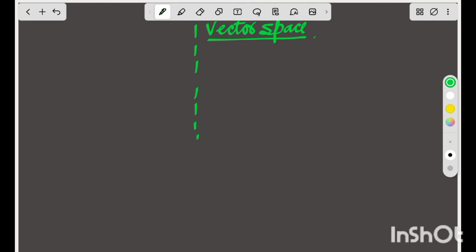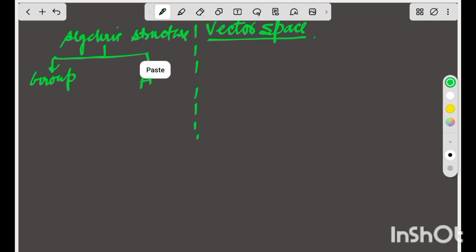Till now we learned about the algebraic structures such as group and field. In case of the group we deal with one set G and one binary operation star.